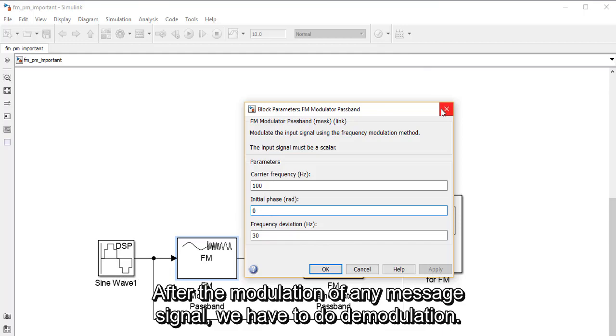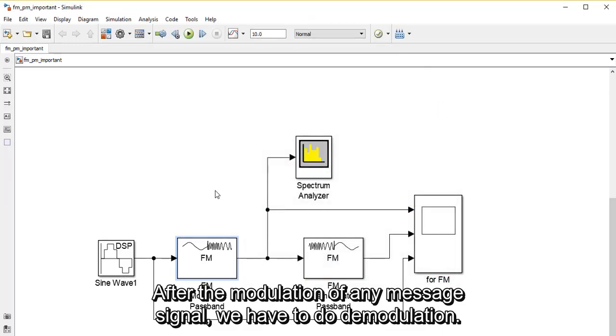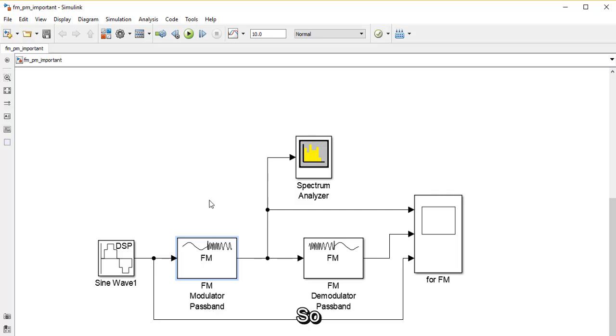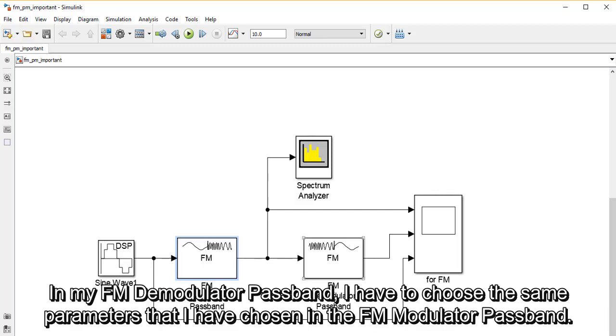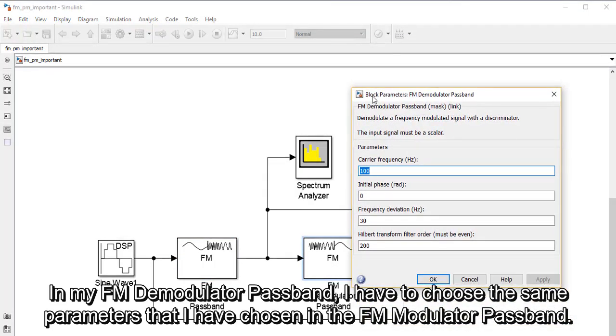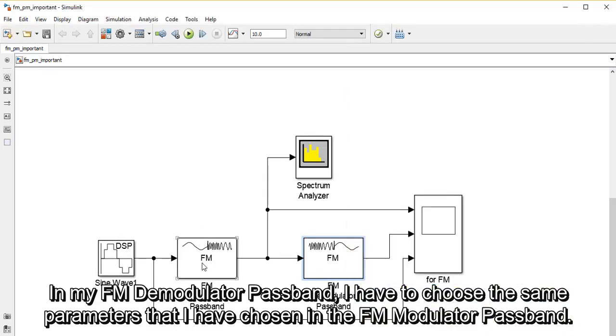After the modulation of any message signal, we have to do demodulation in order to get our original message signal back again. So in my FM demodulator passband, I have to choose the same parameters that I have chosen in the FM modulator.